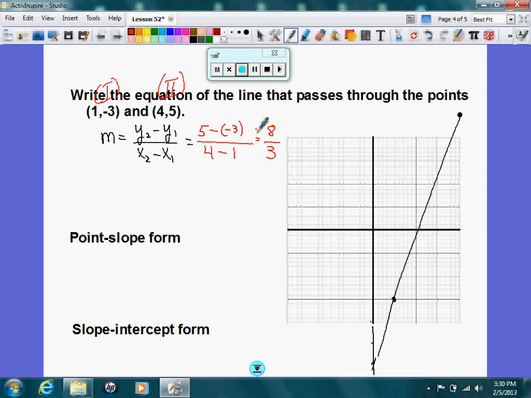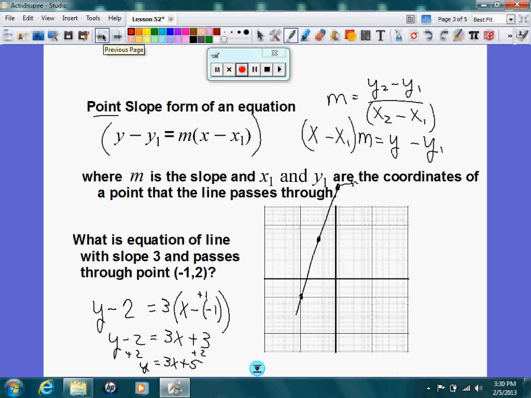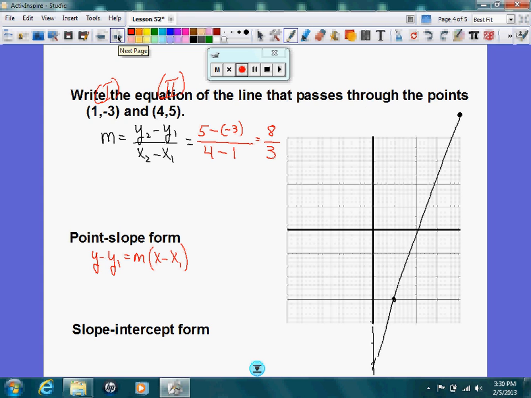Okay, so in point-slope form, what is our equation? Our equation is y minus y1 is equal to m times x minus x1. Let's go back and look at that, make sure. Sure enough, here it is, right here. Okay, so we got the right formula.